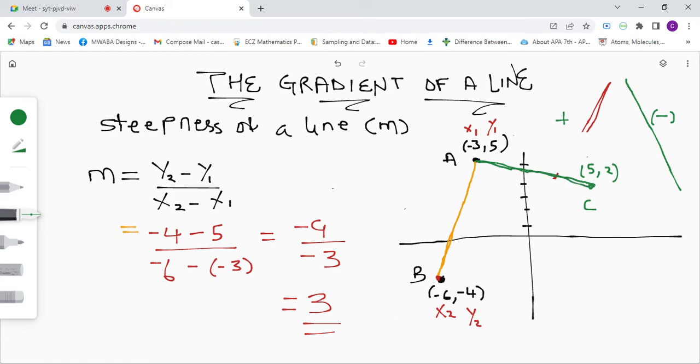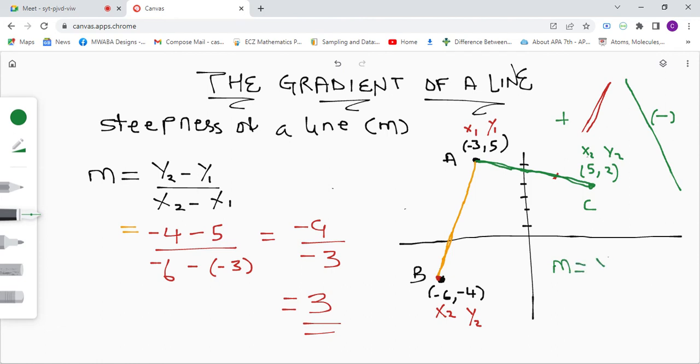So we already have our x1 and y1 here. Let's say for line AC, this will be our x2 and y2. So we're going to get our slope.